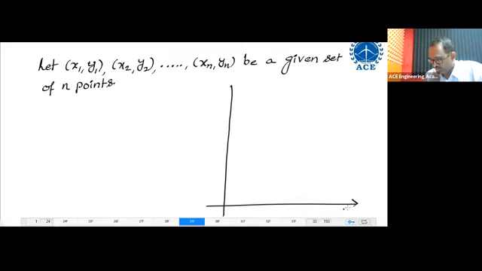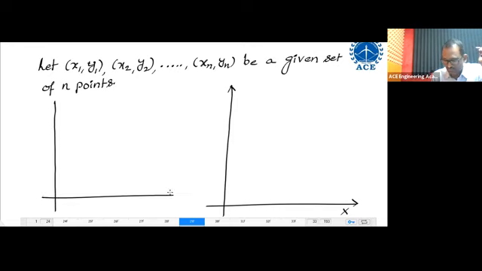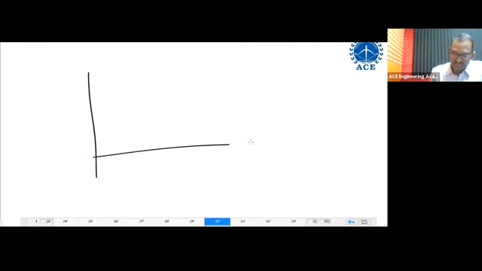Do you know scatter diagram? Scatter diagram means set of points plotted on xy plane. Don't get confused. Look here.